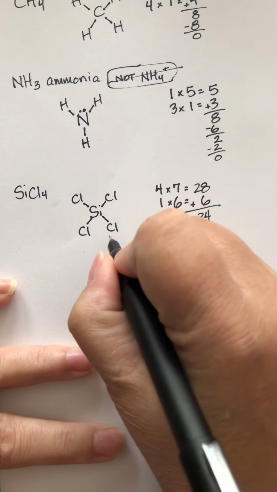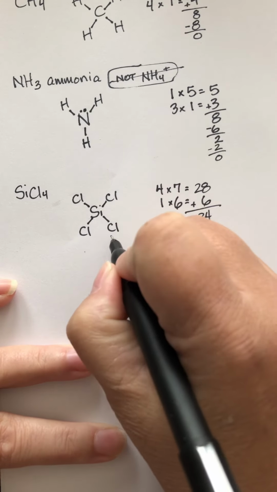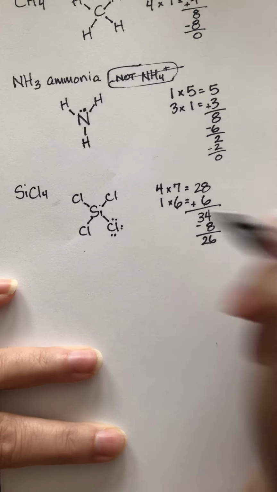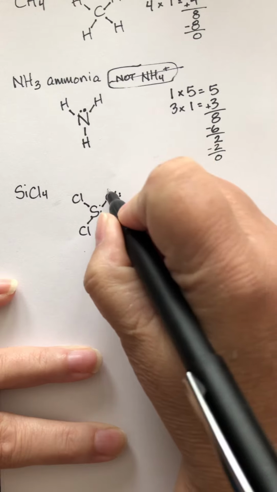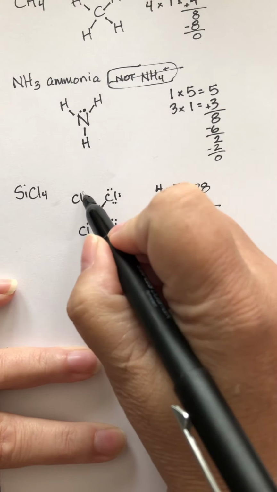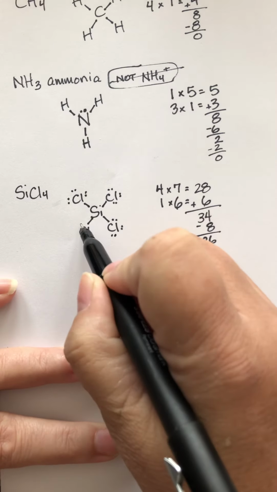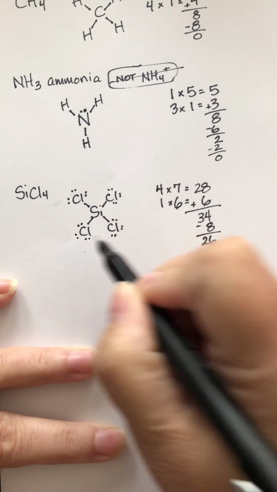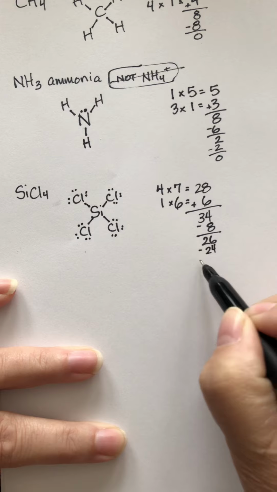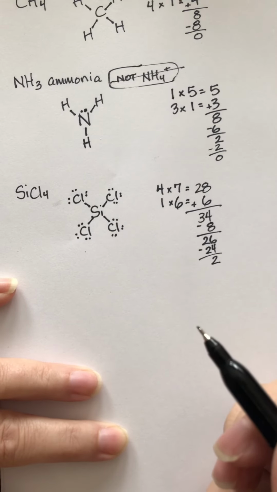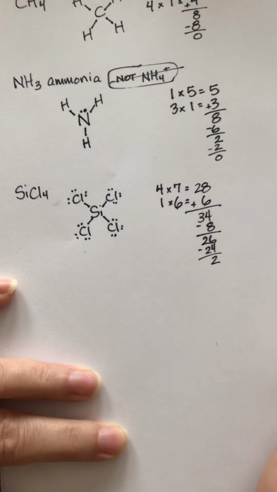So I have 2, 4, 6 to give to that chlorine, 8, 10, 12, 14, 16, 18, 20, 22, 24. Okay, I've used up 24 of my valence electrons, but still have 2 left. Now, don't panic.